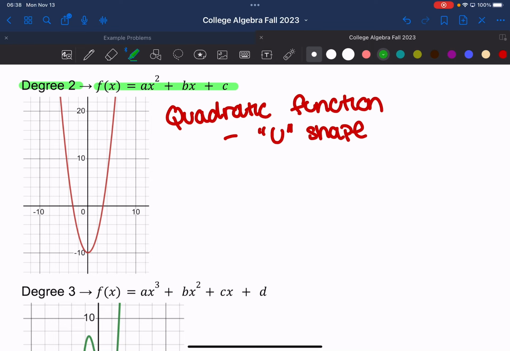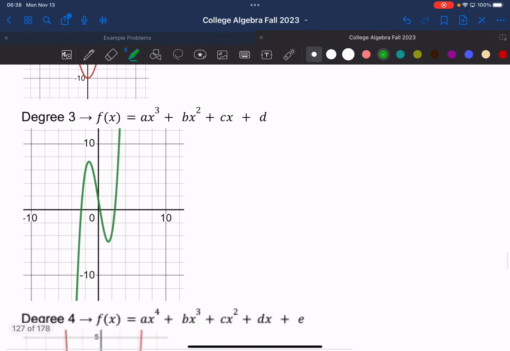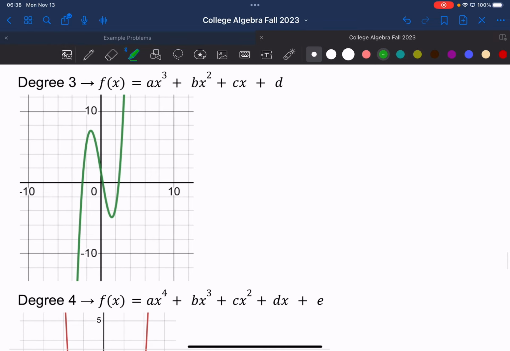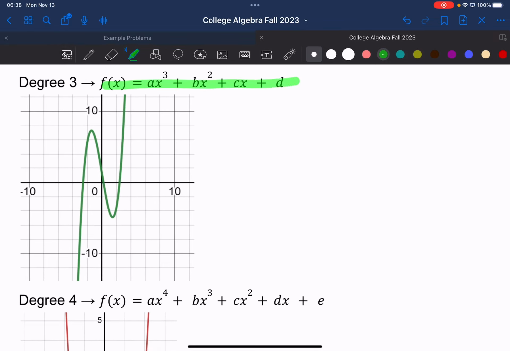Okay, so those are ones we've already gone over. The next couple I'm just introducing. We're not going to go over them. Notice in this function, our largest exponent is that 3. So that means this has a degree 3, and this is called a cubic function.